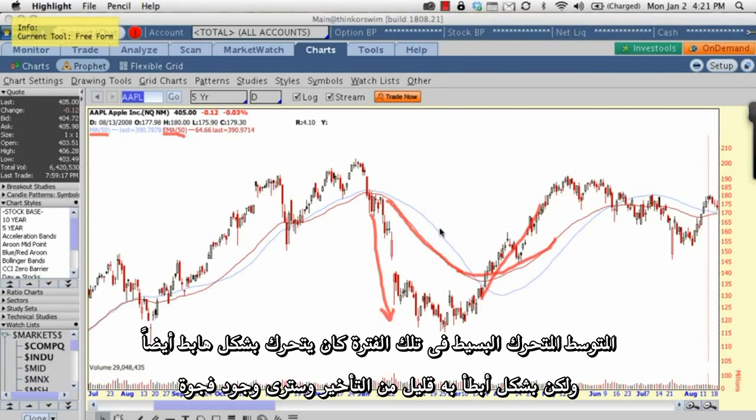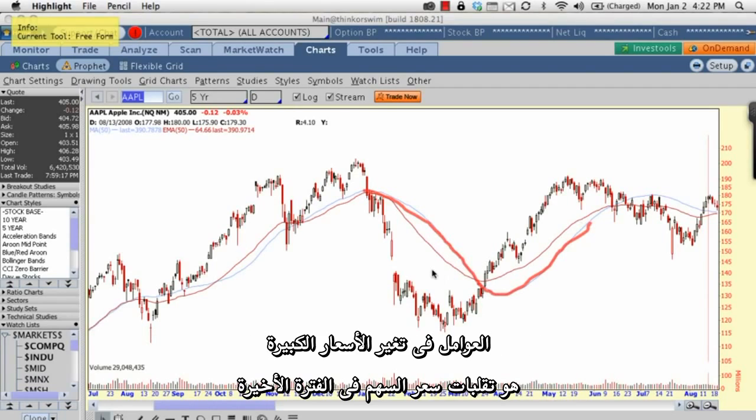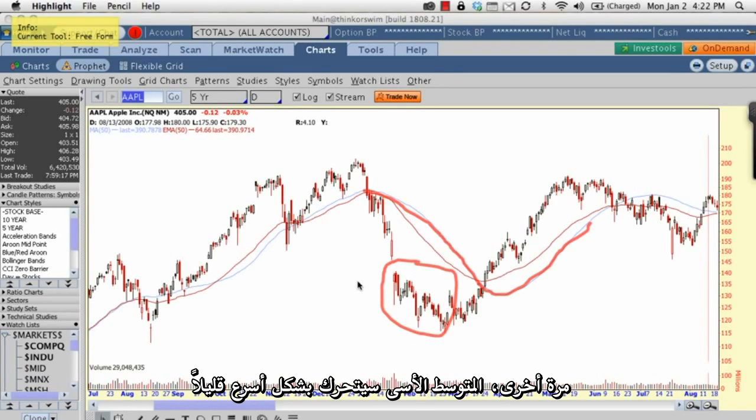Now the simple moving average during that time period was moving down as well, but it was just a little bit slower indicator. It had a little bit of a lag in it, and you can see that there's a little bit of a gap. So it factors in these recent price changes or this big move in volatility that Apple had during that time period. So again, the exponential moving average is going to move a little bit quicker.